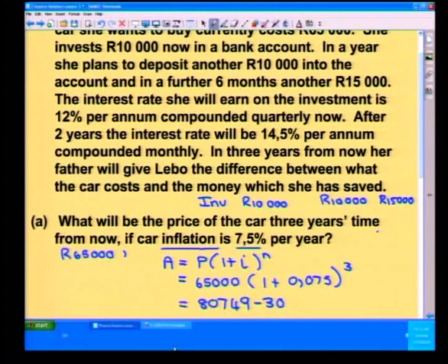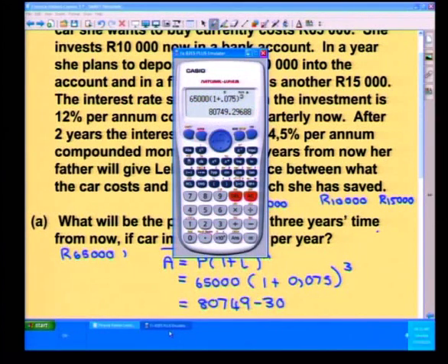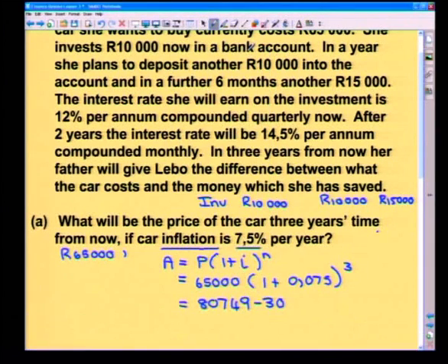Let's just check I wrote that number down correctly. 80,749 and 30 cents. Perfect. Right, so now we know this is her goal. Her goal is to have this much money in order to buy her car. So I'm going to put it over there and I'm going to take that out.